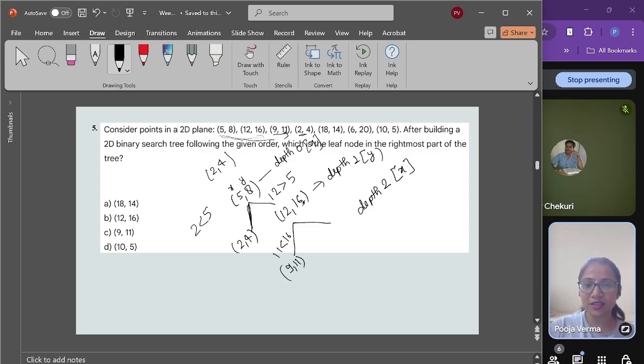So in the right side, what value is given? 12 and 16, right? So we need to compare the y values.